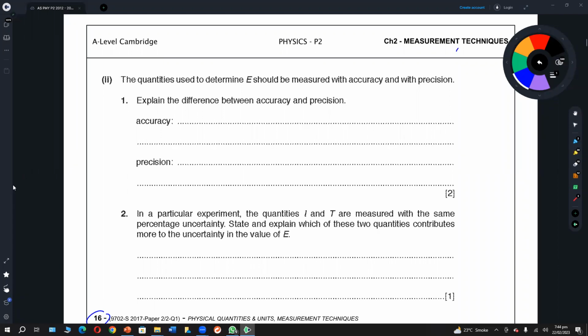What about precision? As we discussed, it's a measure of the range of values. How much values are scattered?